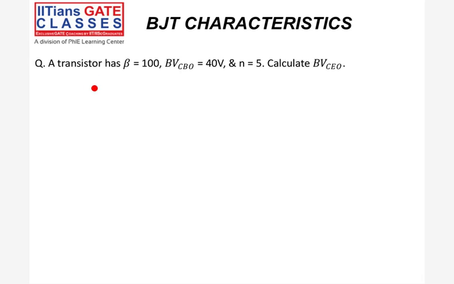I think you understood the formula and everything. BVCEO is equal to 15.92 volts. That is the correct one. So I think you understood. You just remember this, sometimes questions can be asked on this. So this was all about these breakdown voltages and the early effect.